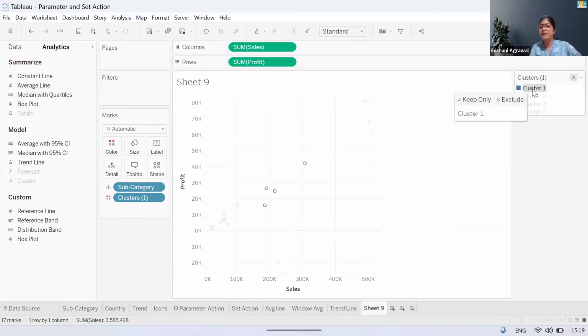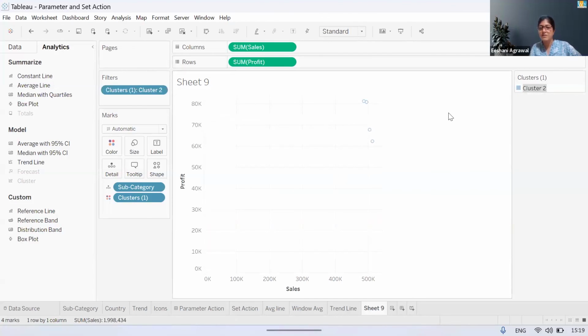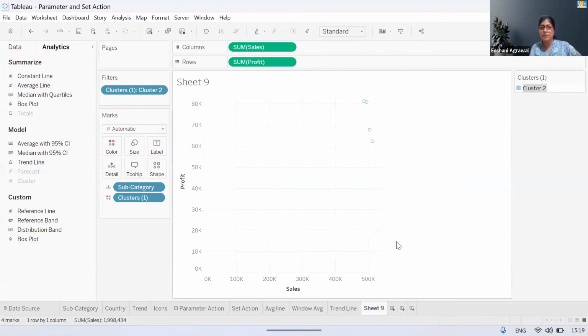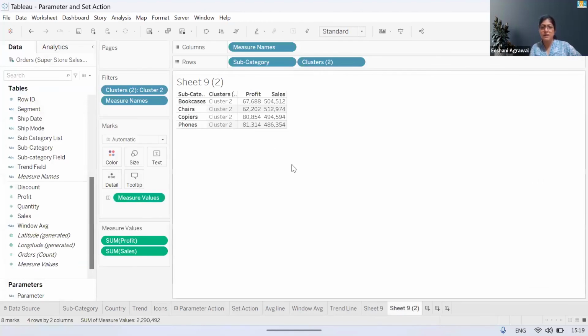Or when you select this and, let's say, I want to keep this cluster, I can then convert it into a table to understand which these are. So bookcases, chairs, copiers, phones are my absolute winners in terms of subcategory, higher sales and higher profit. So you can easily identify them.